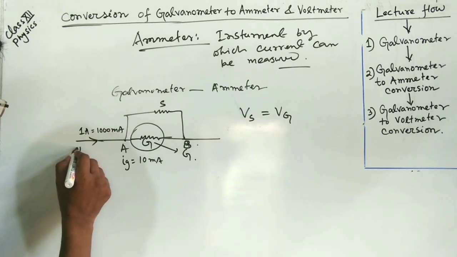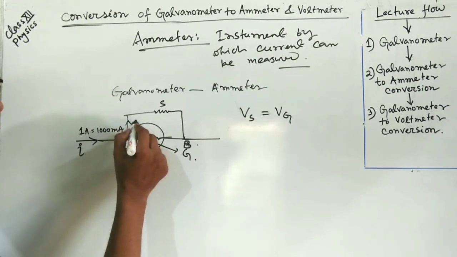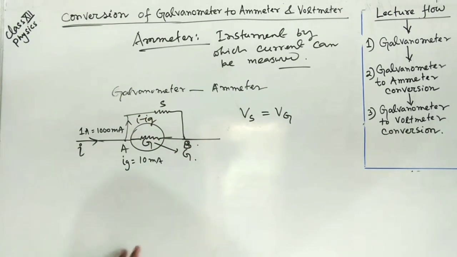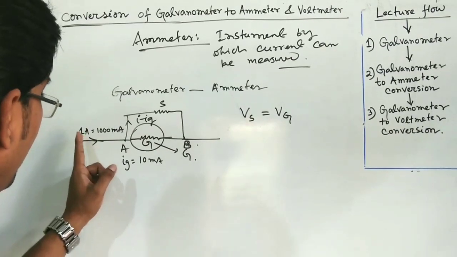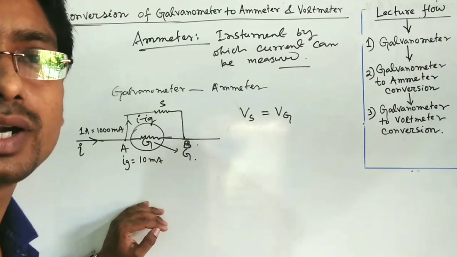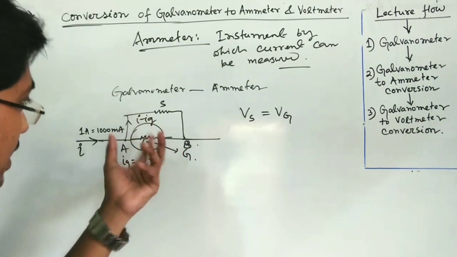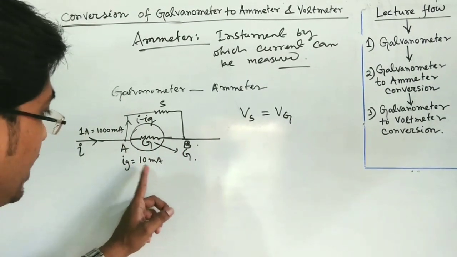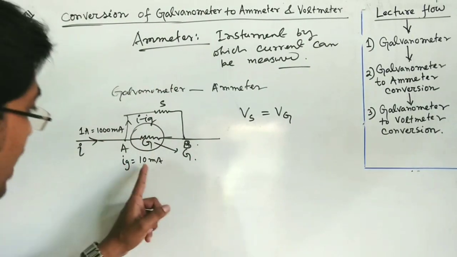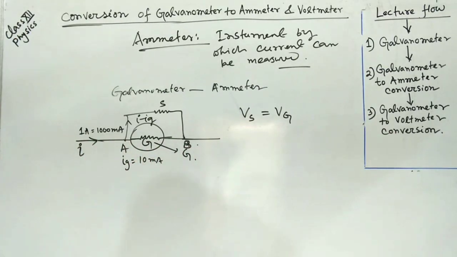If I amount of current is coming, and Ig amount of current goes to the galvanometer, the remaining current, I minus Ig, will flow through the remaining resistance S, that is the shunt resistance. So if 1 ampere current flows, a maximum of 10 milliampere will flow through the galvanometer, so the galvanometer will not burn out, but you can measure 1 ampere because we have calibrated the galvanometer in such a way that when 10 milliampere flows, it will show you 1 ampere. When 5 milliampere flows through it, it will give you 0.5 ampere, half of that.